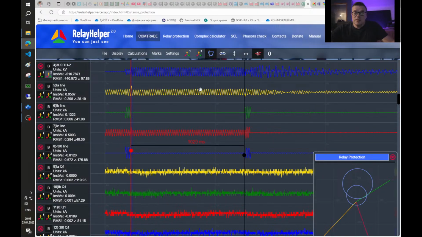So let's check that we don't need to block multi-phase distance protection.